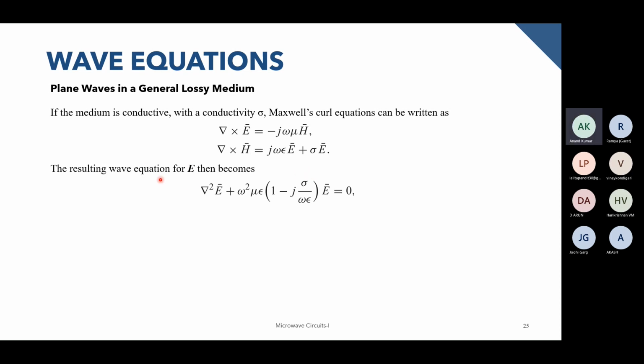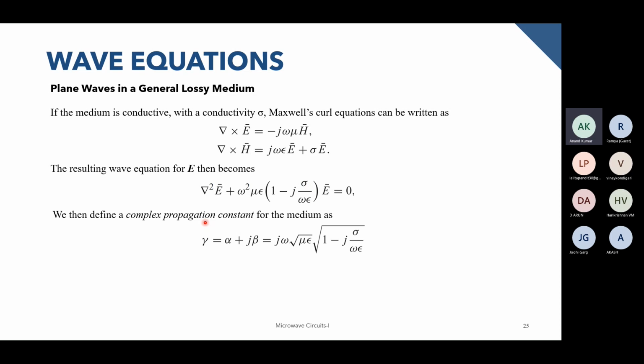Now the resulting wave equation for the E field will look something like this. Earlier this particular term was not there, so it was just del square E plus omega square mu epsilon E equals 0. But now we have this particular term over here. For this we have earlier defined a propagation constant, but this time, since we have an imaginary term, our propagation constant will look something like this.